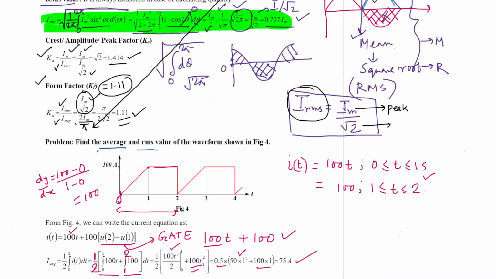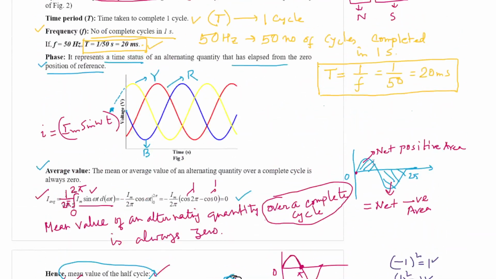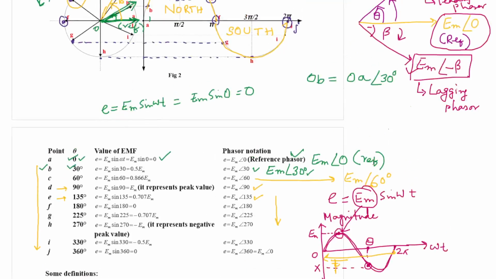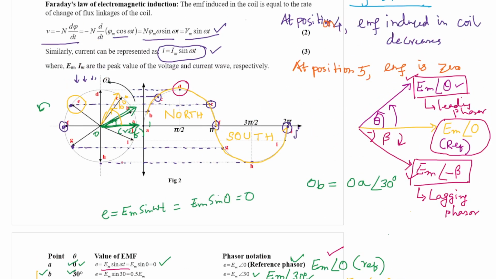You see this Em sin omega t, we assume that one as 0, that is the reference phasor, because it has nothing leading, nothing lagging. In this diagram, you see Em angle 0 we have assumed last day, in the last session of this lecture.